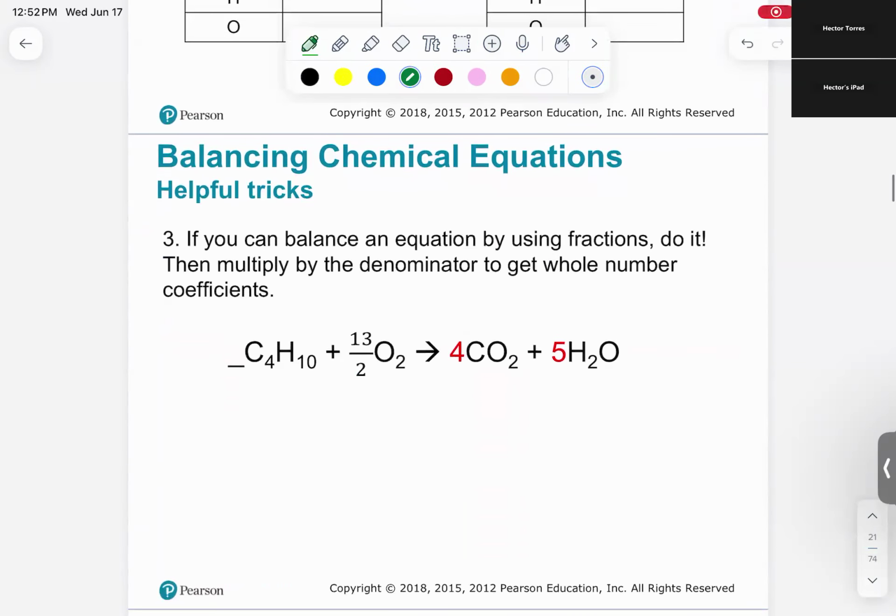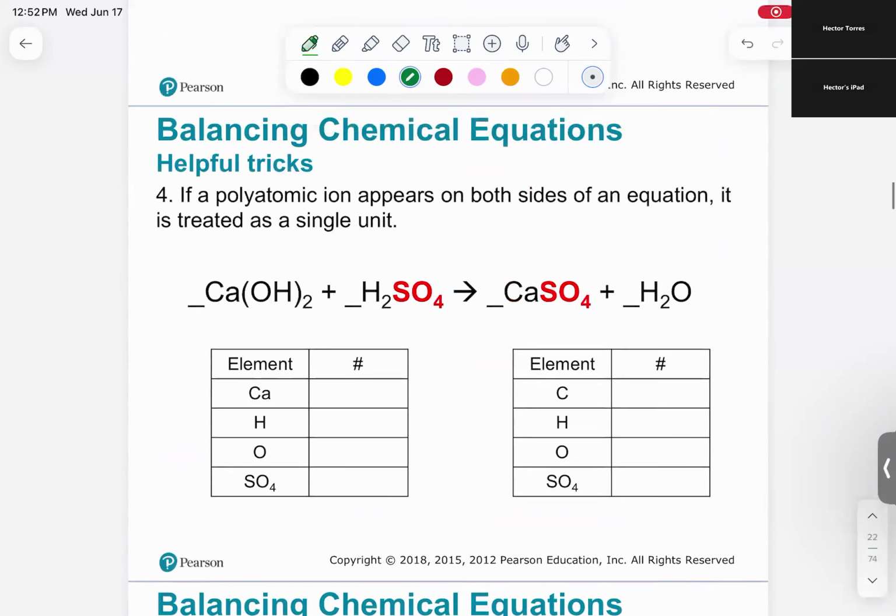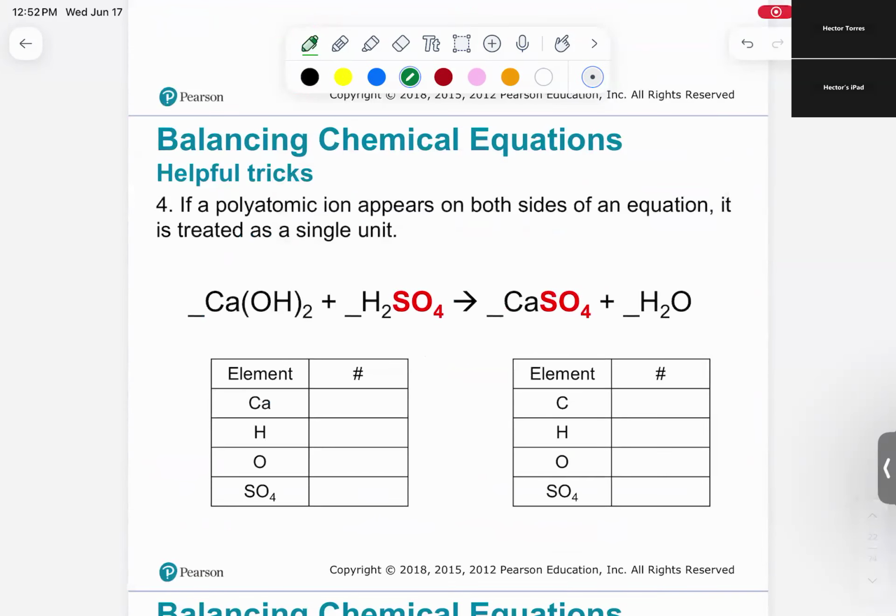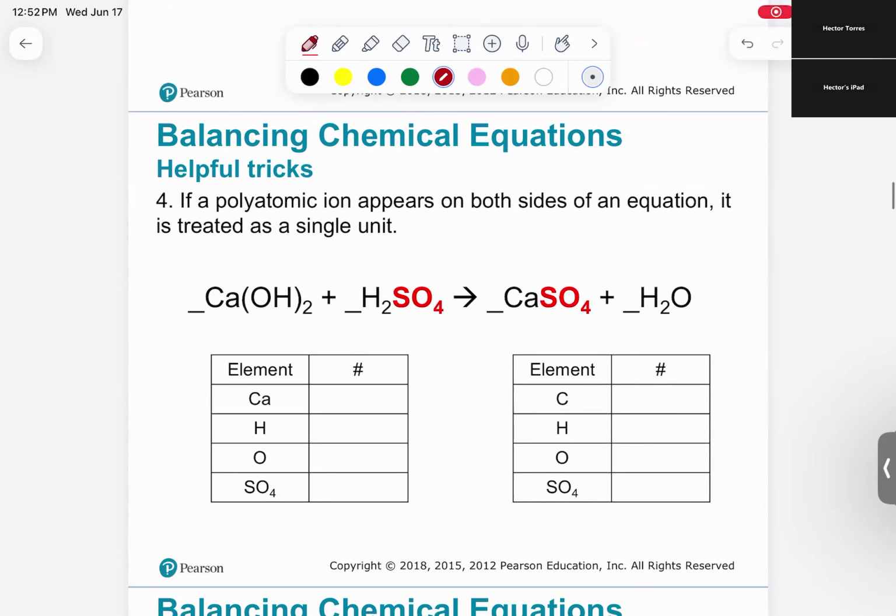Okay. Now, last helpful tip is going to be with the polyatomics. So hopefully you guys remember the polyatomics. If not, just make sure to do a refresher on it and keep it in your memory. So on here, polyatomics, this is going to be our SO4, sulfate.